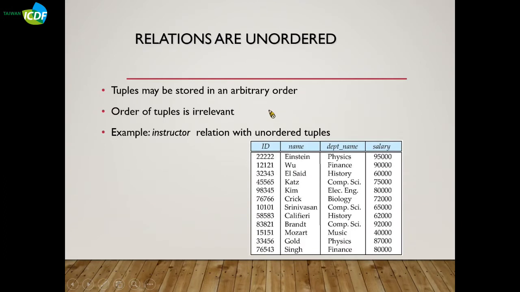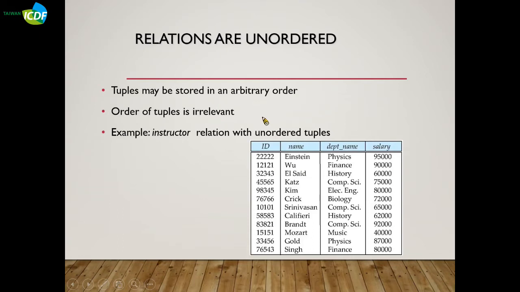When we want to understand the structure of a relation, there is another important point we have to notice. That is, the tuples in a relation may be stored in arbitrary order. So in this situation, the order of tuples is irrelevant.